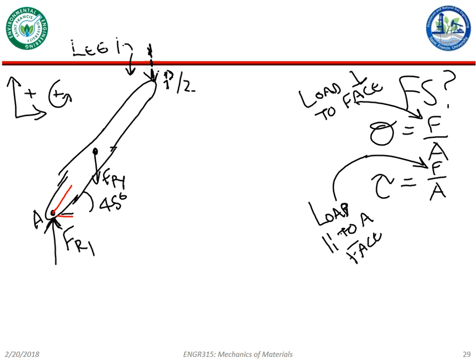So how do we get those internal loads from this free body diagram? From point A to where FPY is, that section would be in compression from the forces acting on it. Well, let's take a section here. Let's cut it there.